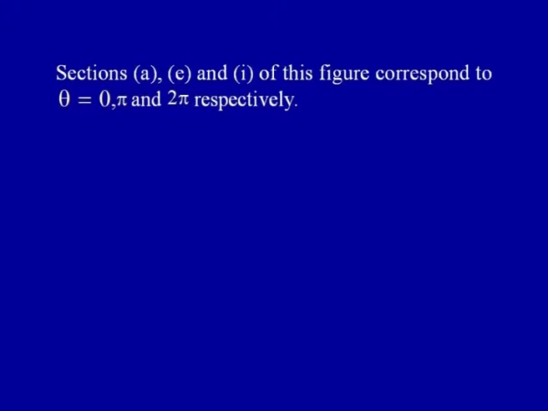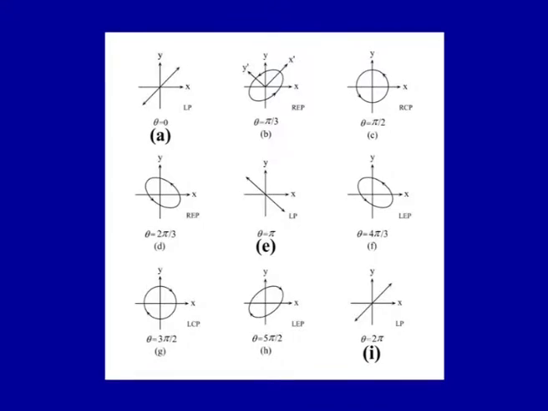The sections A, E and I of this figure correspond to theta equal to 0, pi and 2 pi respectively. A corresponds to theta equal to 0, that is the two vibrations are in the same phase. Remember here the amplitudes are equal, A1 is equal to A2.